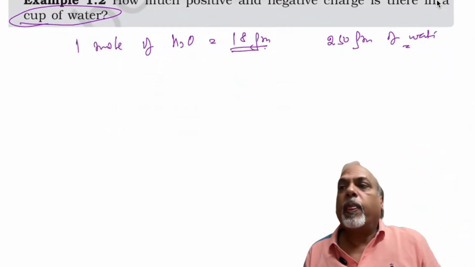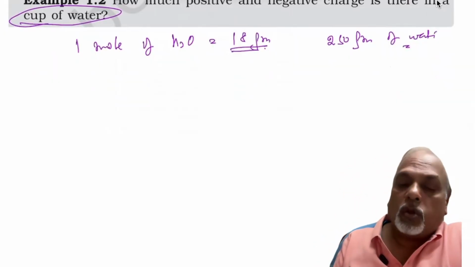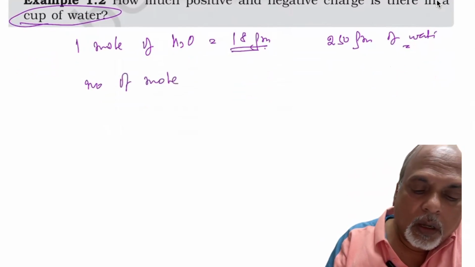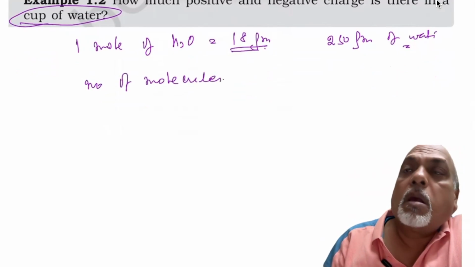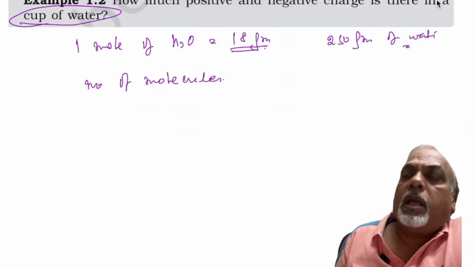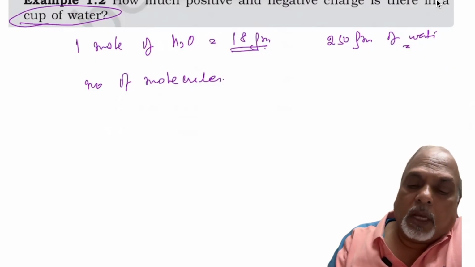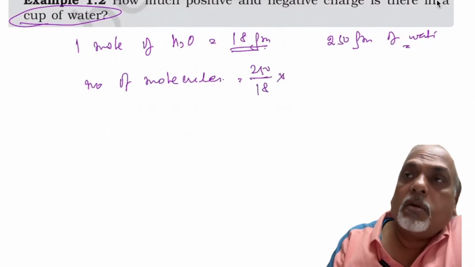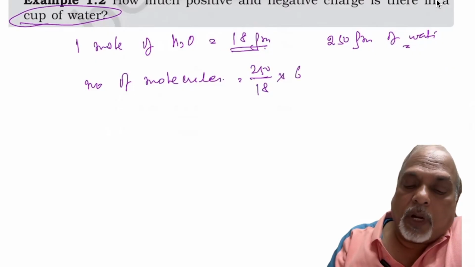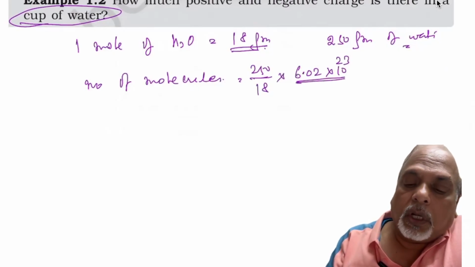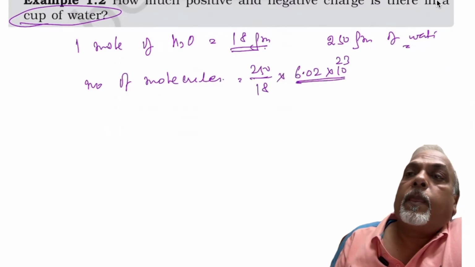Correct? So how many molecules will be there in a cup of water? That will be basically 250 divided by 18, multiplied by Avogadro's number, because in 1 mole this many molecules are there.